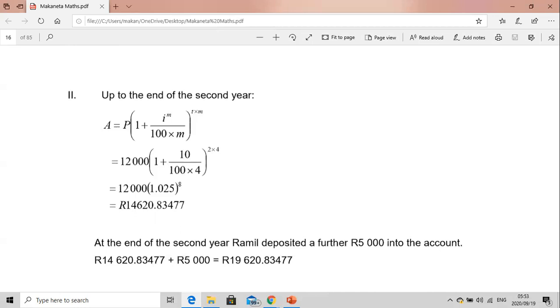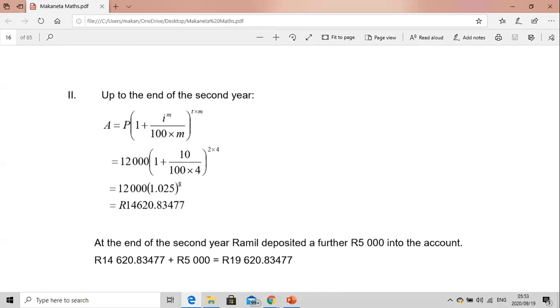Remember, do not round off before the final answer. Very important, never round off before the final answer. So at the end of the second year, the investment will be 14,620 rands and 83 cents.